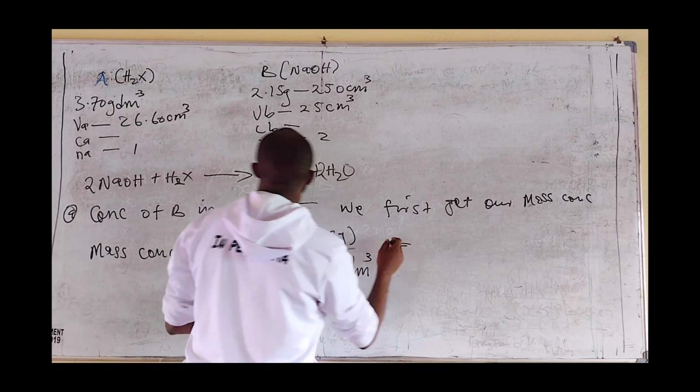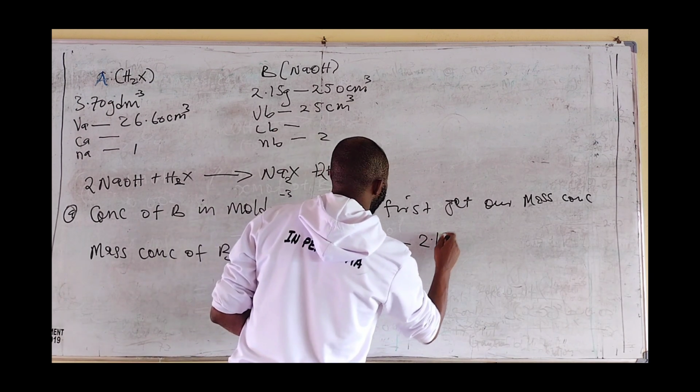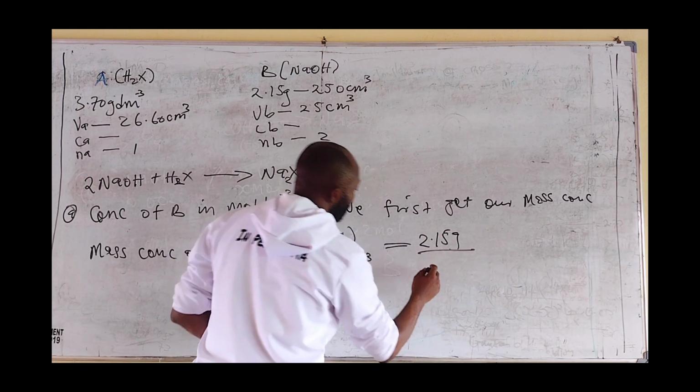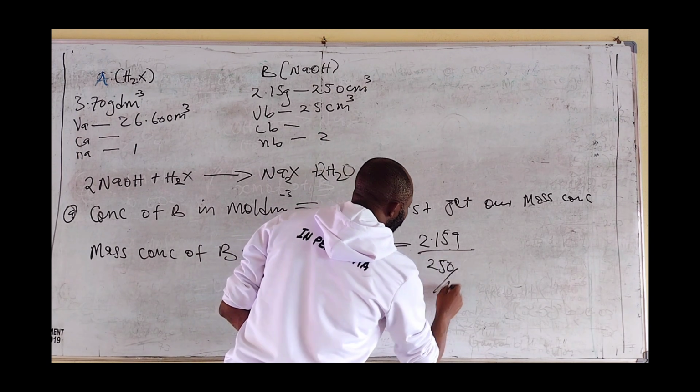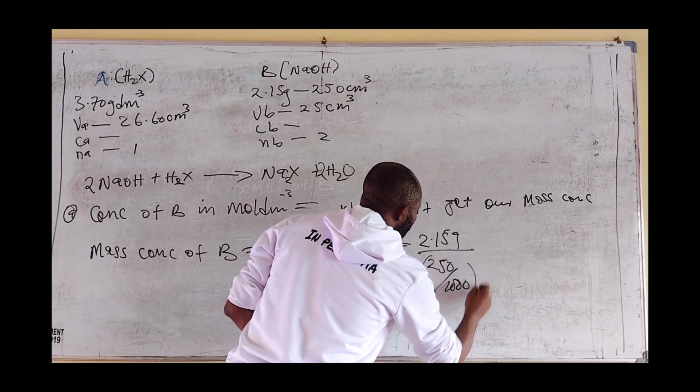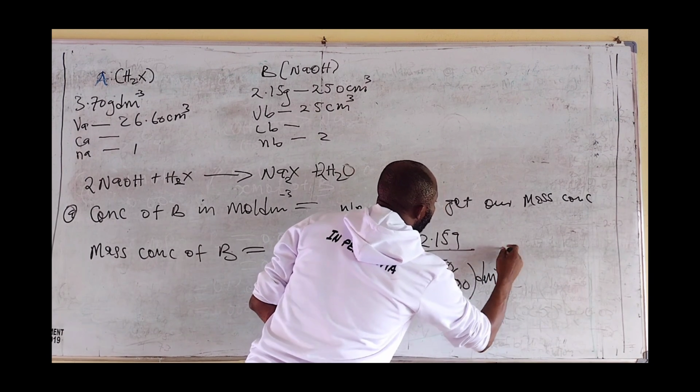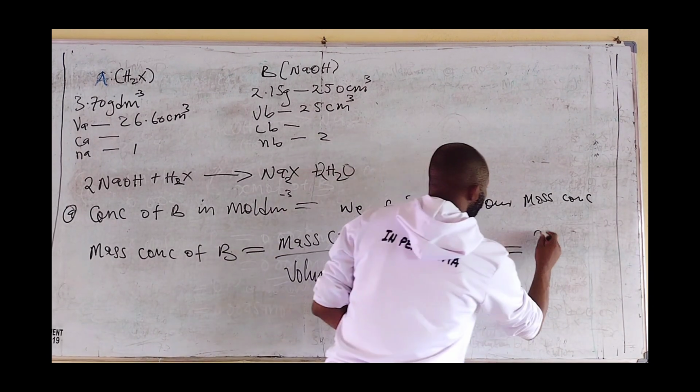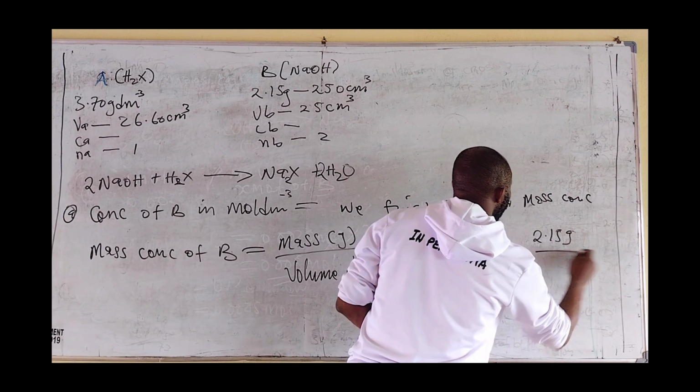And the mass in gram is given to be 2.15 gram over the volume, which is 250 divided by 1000 in dm³.